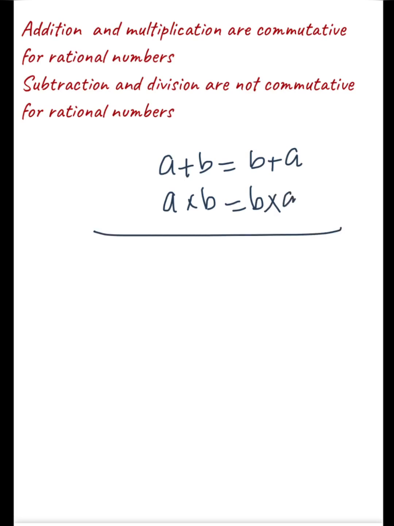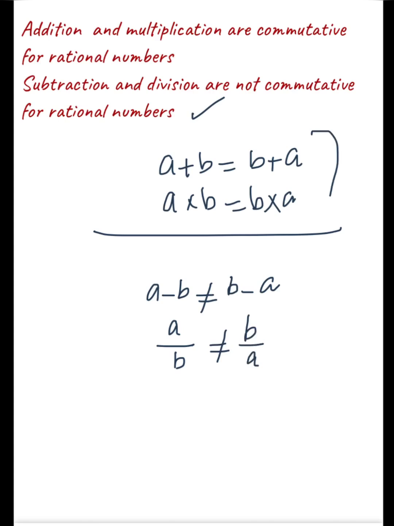And what about the second one? Subtraction and division are not commutative for rational numbers. That means A minus B is not equal to B minus A. Similarly, for division, A by B is not equal to B by A. So these are the conclusions we are getting.